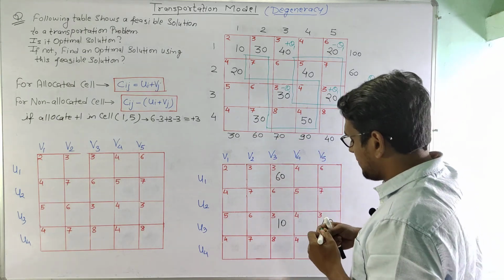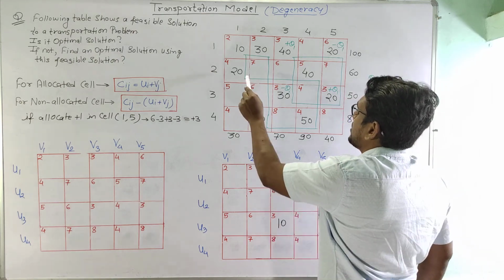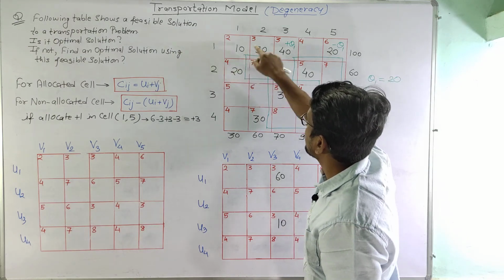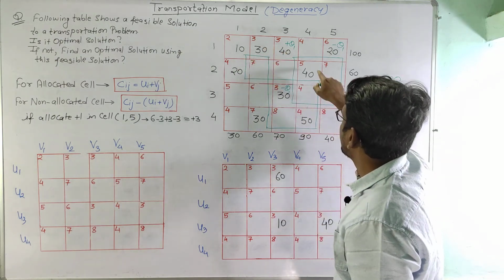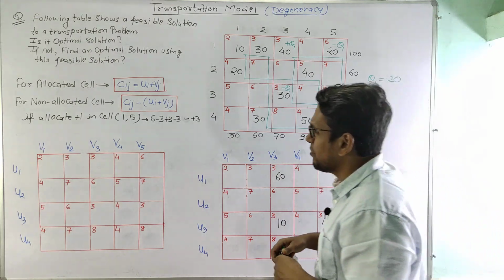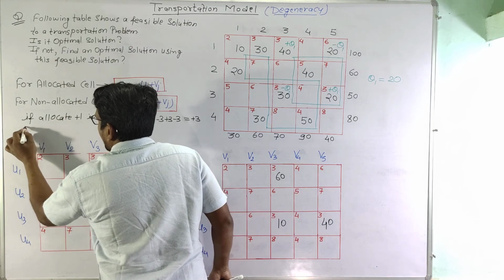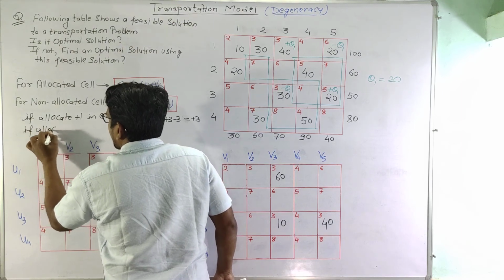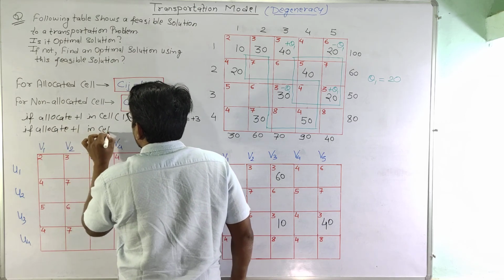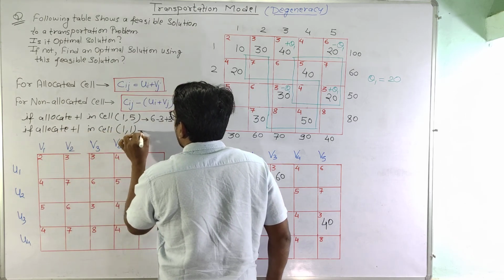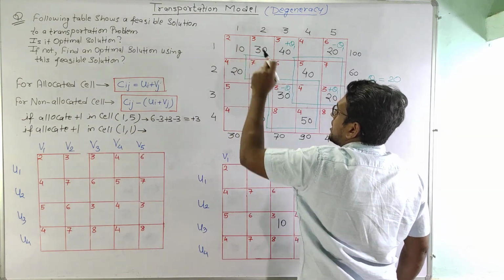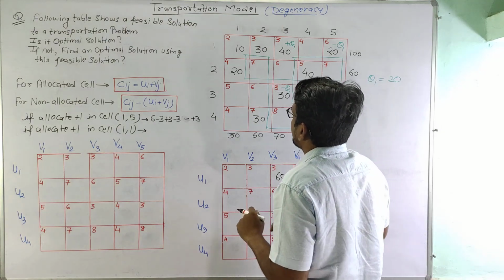And if I put plus 1 quantity in any of these allocated cells, then I need to find out the total change in the transportation cost. Suppose if I allocate the value plus 1 in cell 1 1, that means if I allocate plus 1 in this particular cell, then what is the change in transportation cost?